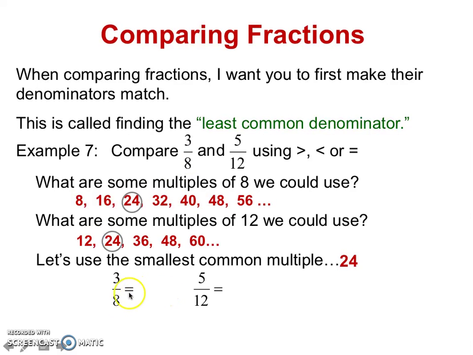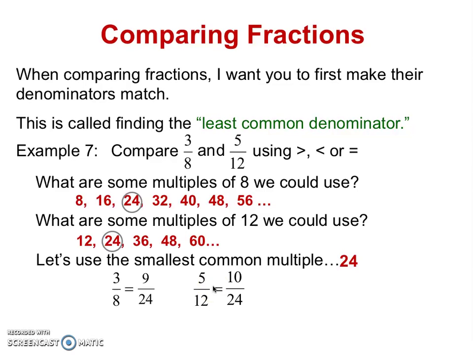Well, what do I have to do to the 8 to get it to be 24? I'm going to multiply it by 3. If I multiply the bottom by 3, I multiply the top by 3. I'd get 9/24. For 5/12, I have to multiply 12 by 2 to get to 24. So I'm going to multiply my 5 by 2 also and get 10/24.